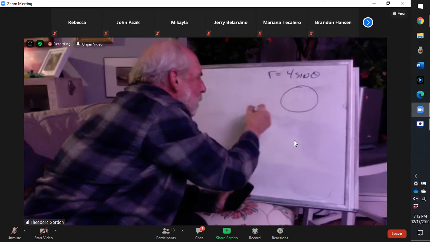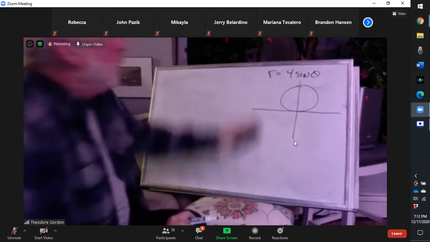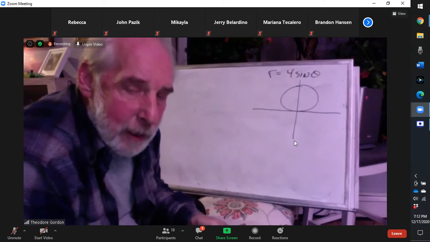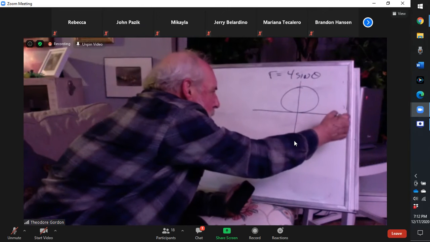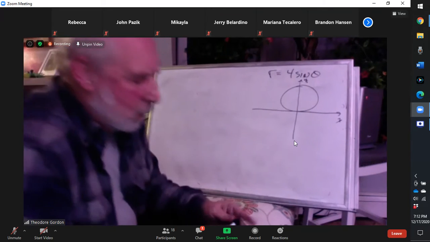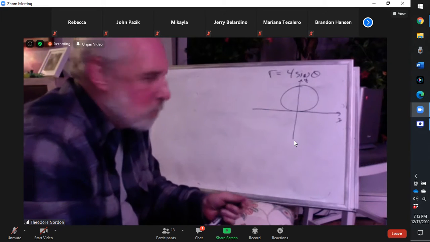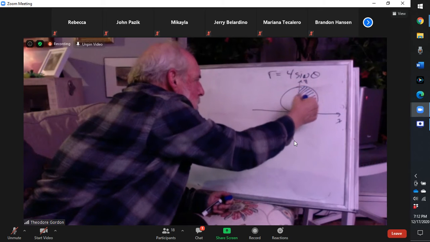Oh, that's much better. That equation is a circle sitting on the top of the x-axis with the y-axis going right through the middle. And we're going to do the area of half of it.